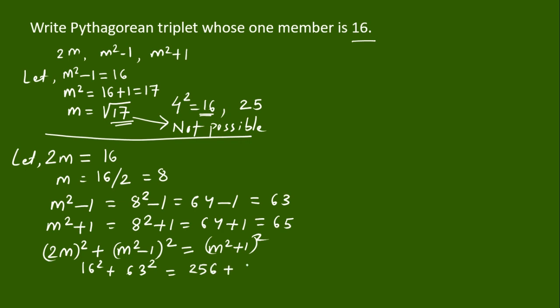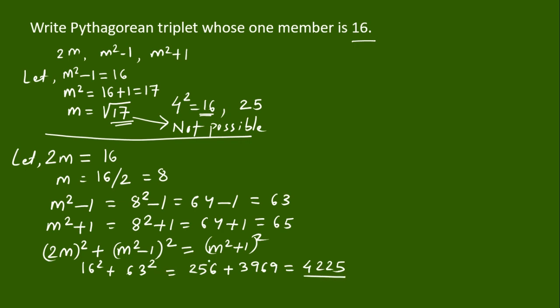And 63 square comes as 3969. And if you add these two numbers, it will come as 4225. So this is our left hand side.